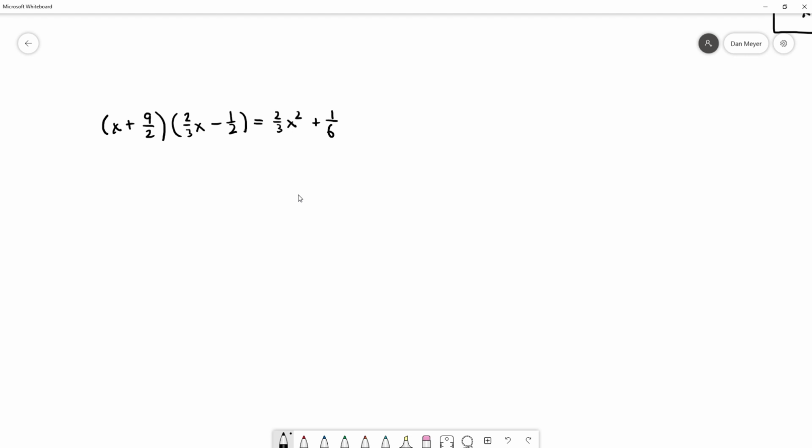All right, now we're going to find some equivalent equations here. We're going to talk about some operations that preserve equivalence.